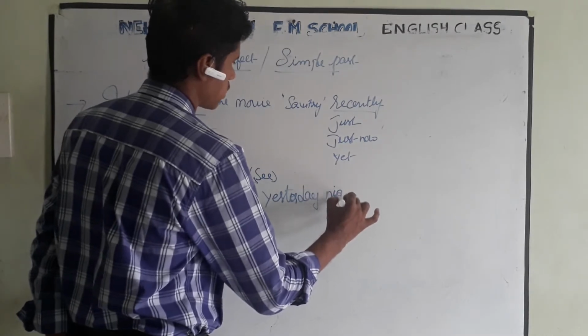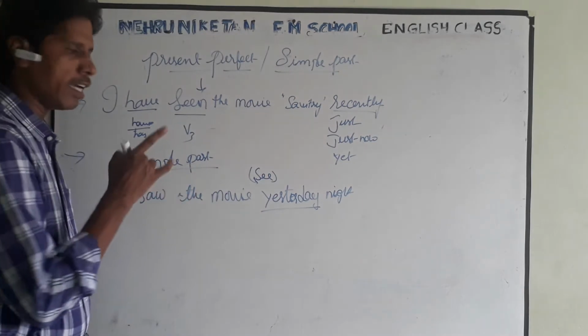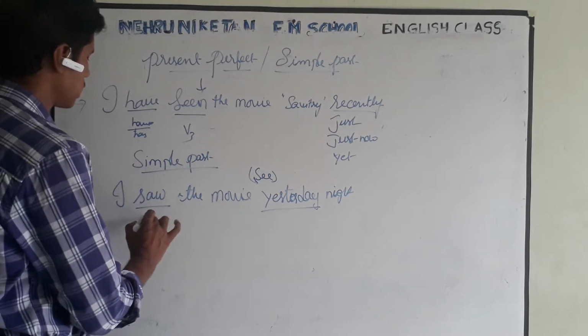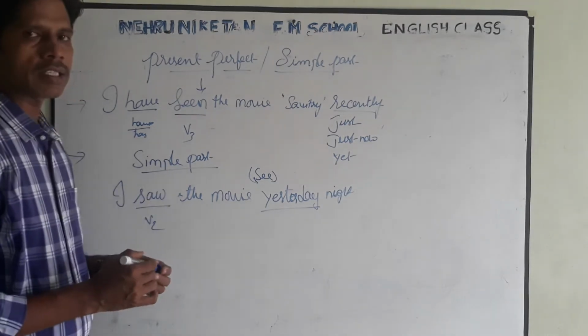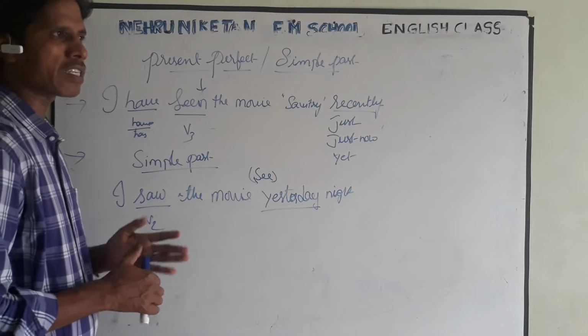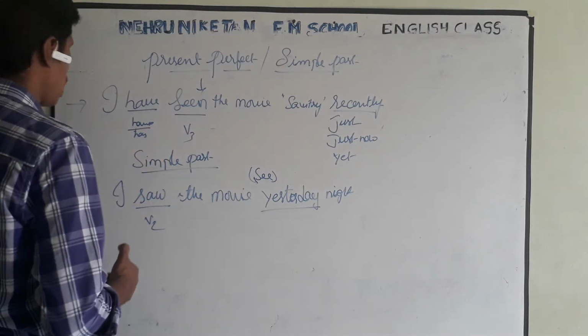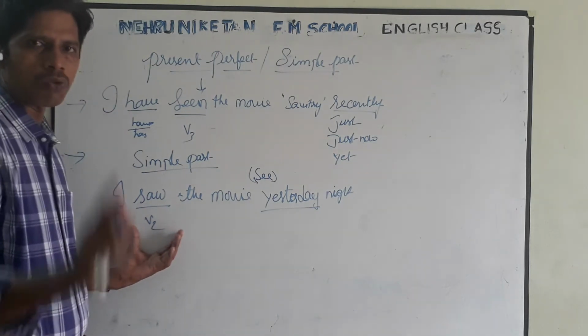Yesterday night. So see here, when it started, the movie I saw, it is a V2 form. Children, remember, in the simple past tense, the subject is followed by a verb in the simple past form. You have to remember.